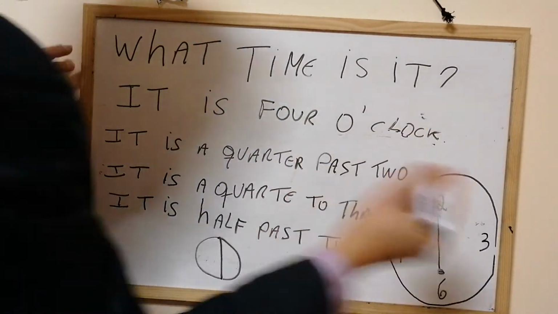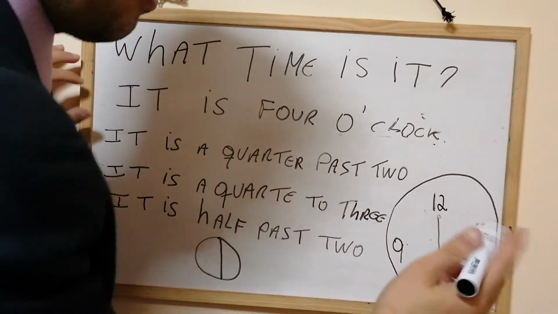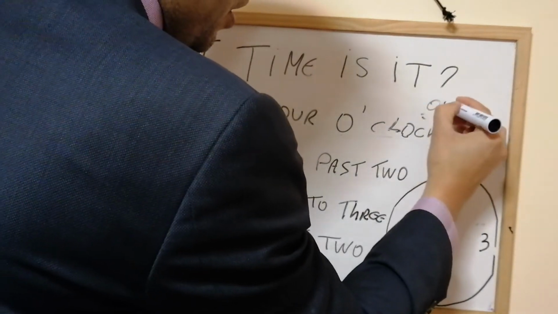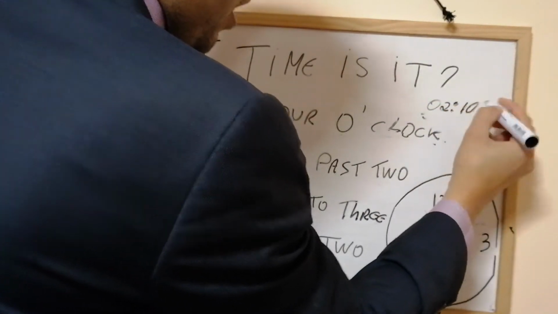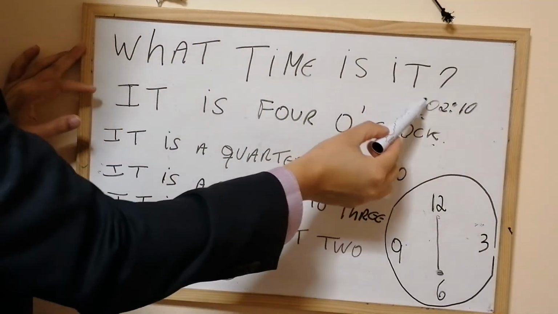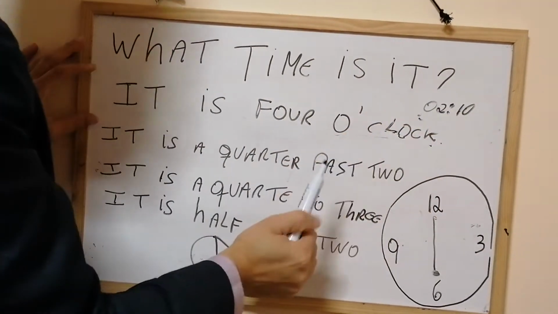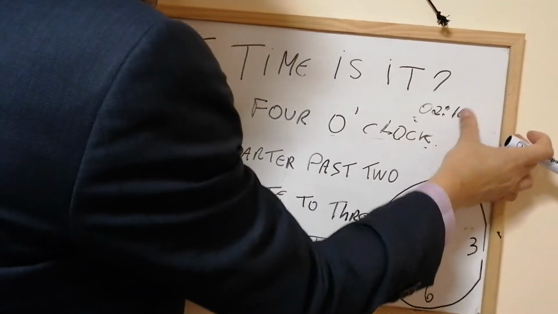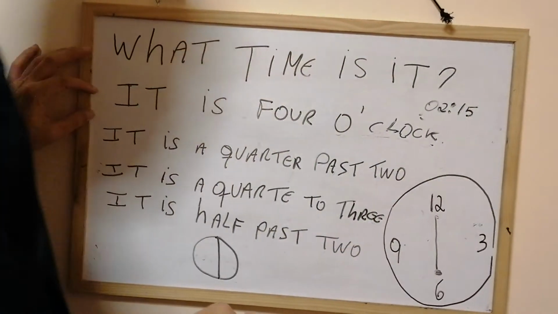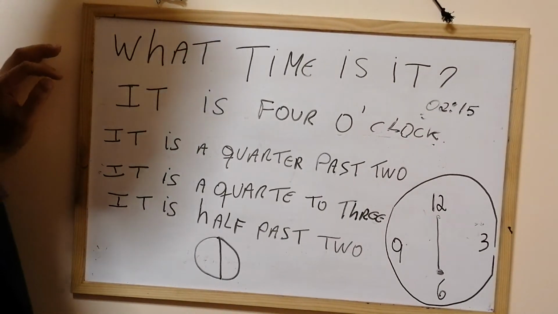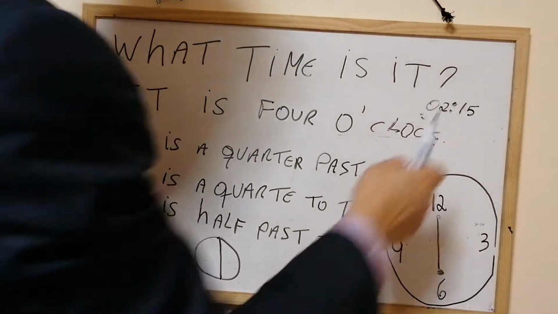If the clock say, let's go again for a digital clock. If it is 2 hours and 10 minutes, we say it is 10 past 2. Or if it is 15, it is a quarter past 2 or 15 past 2.